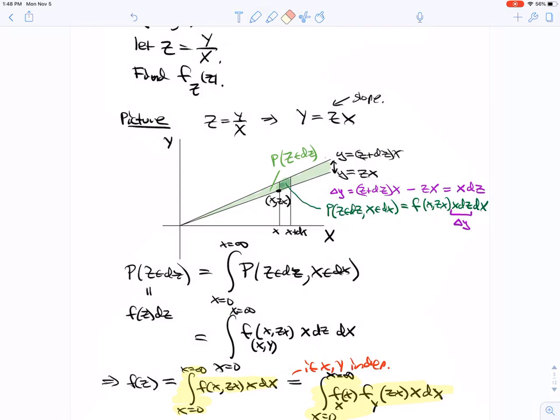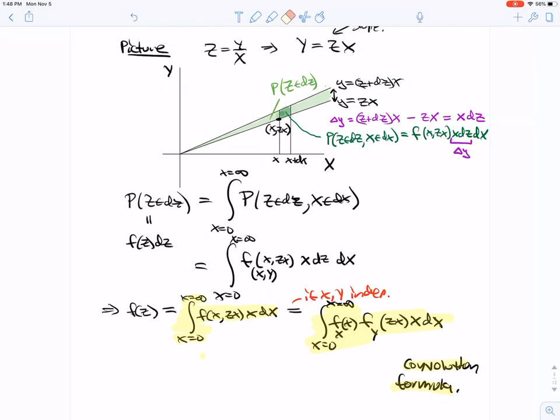In other words, x dz dx is the area. So we just multiply that times the height of the function, the joint distribution at x, zx.